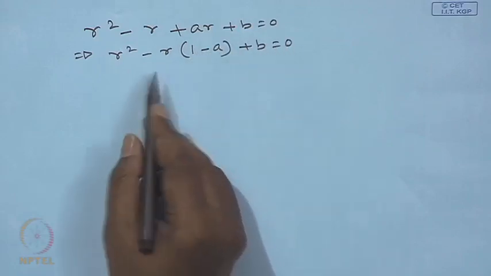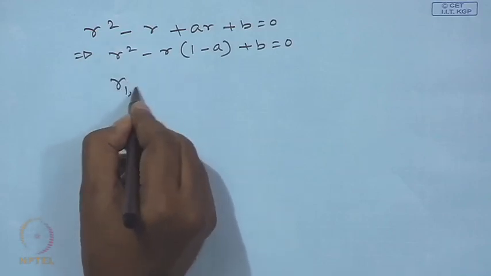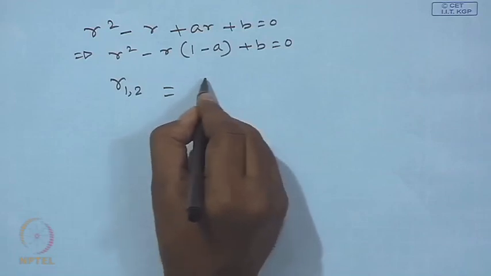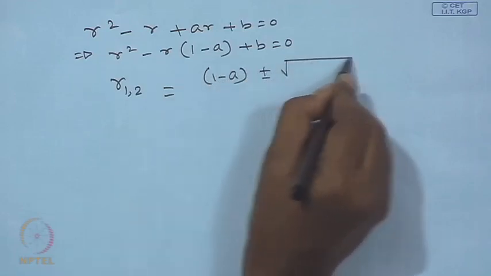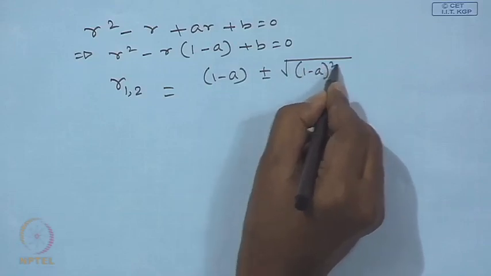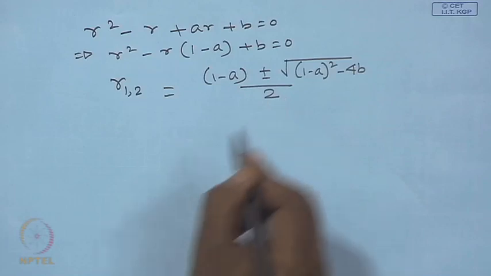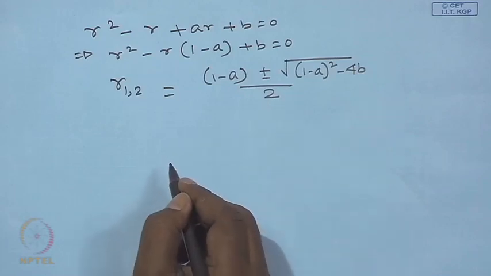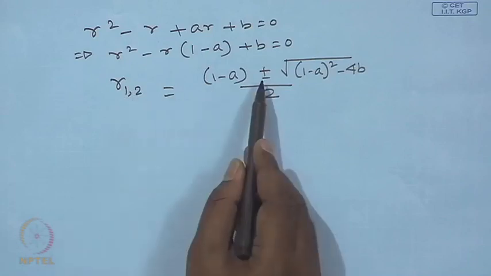It is a quadratic with two solutions, r 1, 2 is equal to minus b plus minus under root b square minus 4 b divided by 2. So, one root corresponds to plus, another root corresponds to minus.